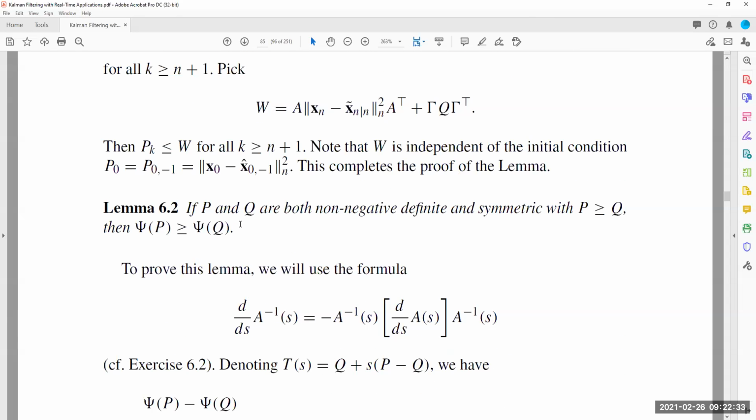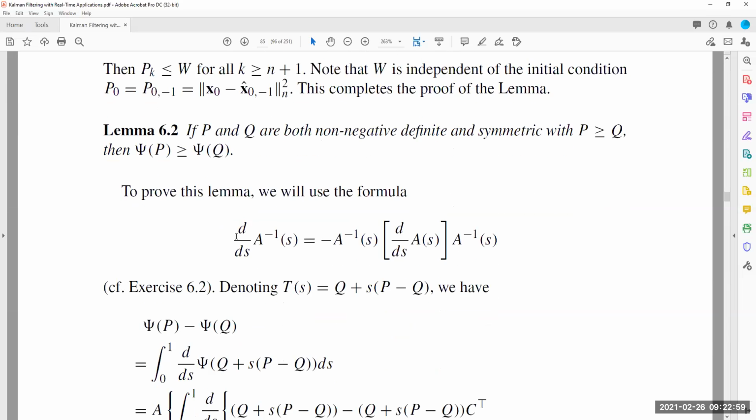So in the matrix sense, if P and Q are both non-negative definite and symmetric matrices, if P is greater or equal to Q, then phi(P) is greater or equal than phi(Q).